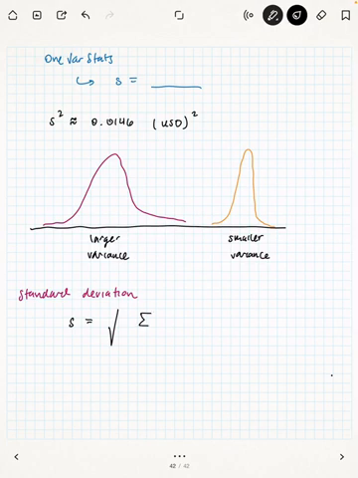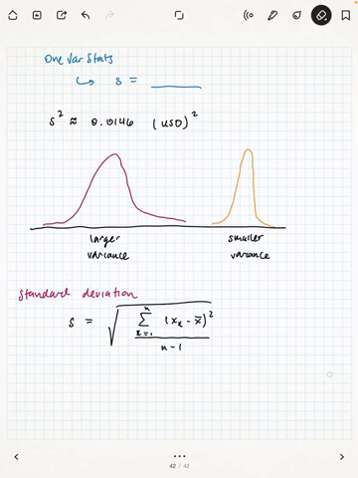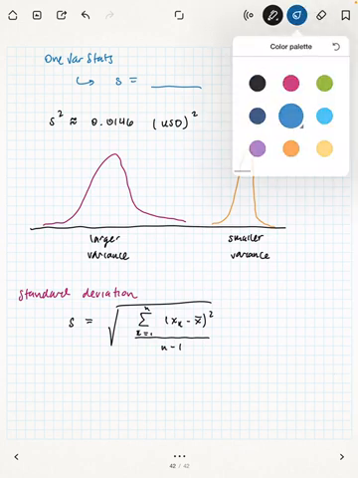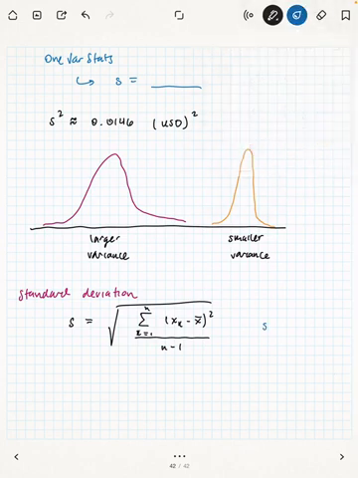So you take, again, the sum of your squared deviations, divide that by your sample size minus 1, and then take the square root. Hence why we have this relationship. S squared literally is the square of S, right? And vice versa. S is literally the square root of S squared. So the notation there is not by accident.